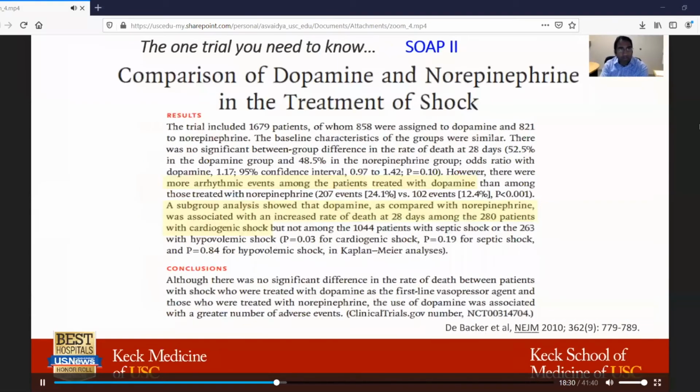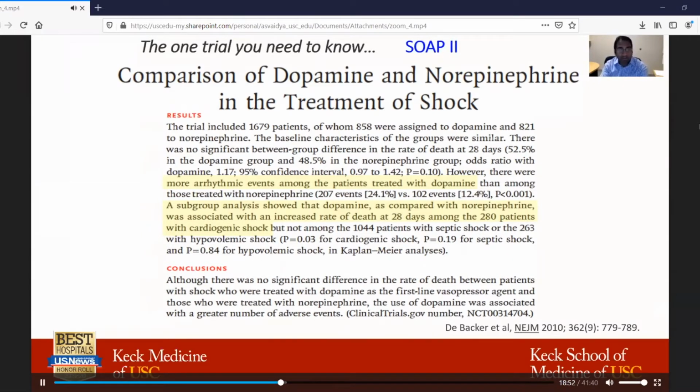The one trial you need to know in terms of the comparison of dopamine and norepinephrine is the SOAP II, which I mentioned before. It looked at nearly 1,700 patients with many different types of shock, and it found that across all comers there were more arrhythmic events among patients treated with dopamine.